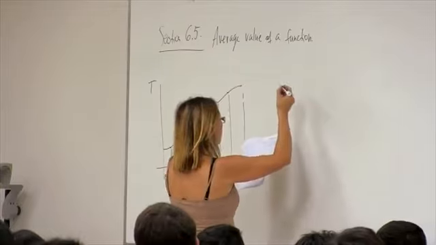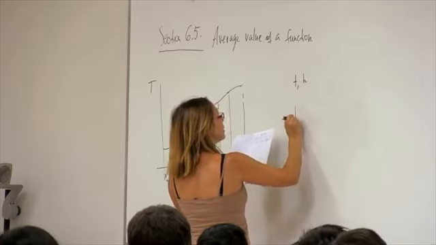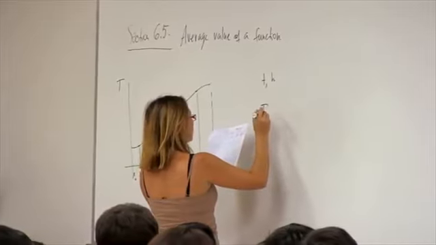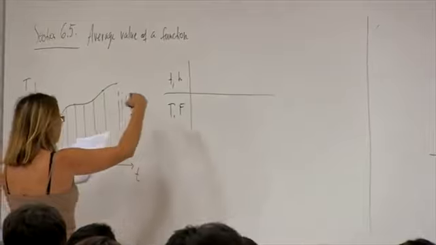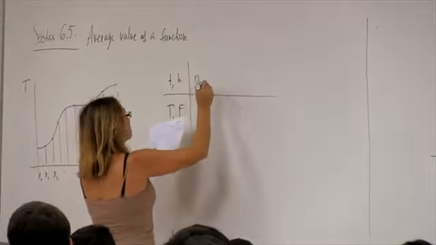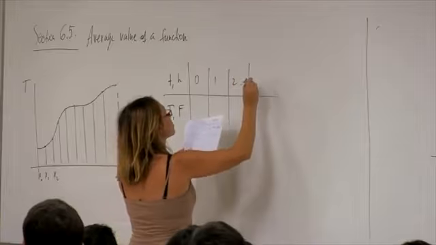So let me give you an example. Temperature, so time in hours, and temperature in Fahrenheit. So let's suppose I take this graph, and I use values 1, 2. We're going to only do 6 hours, okay?